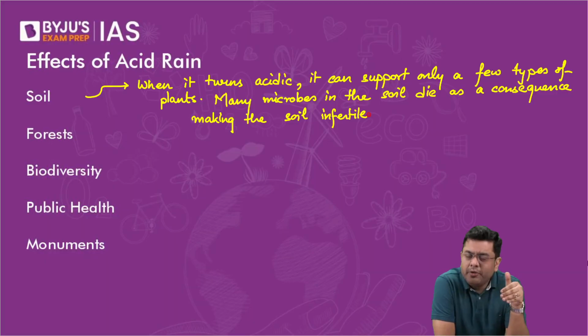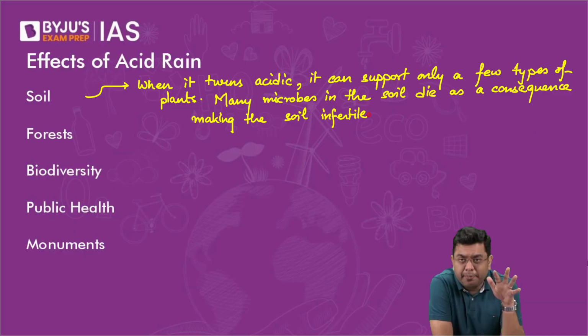It also has various impacts on monuments, the rocks, for example the statues and buildings on which they get deposited. It leads to slow and steady corrosion. Corrosion is caused, right?